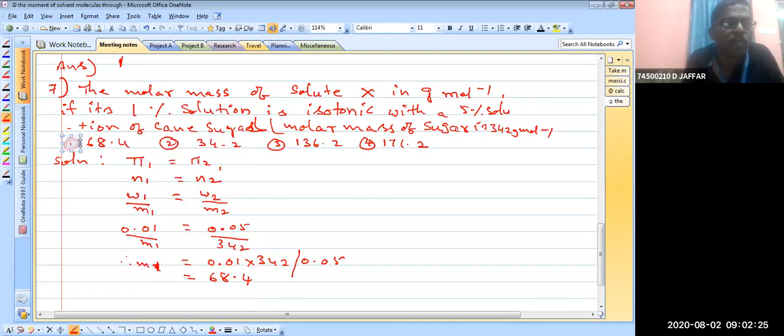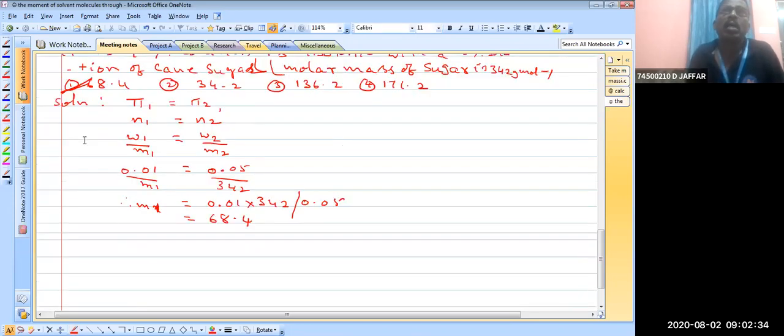So here ratios are given. You want to equalize the moles of two solutions. Moles are mass by molar mass, right? Here one solution's mass and molar mass is given. Second solution's molar mass is not given, that is M1 is not given. You have to find out M1. That's it.